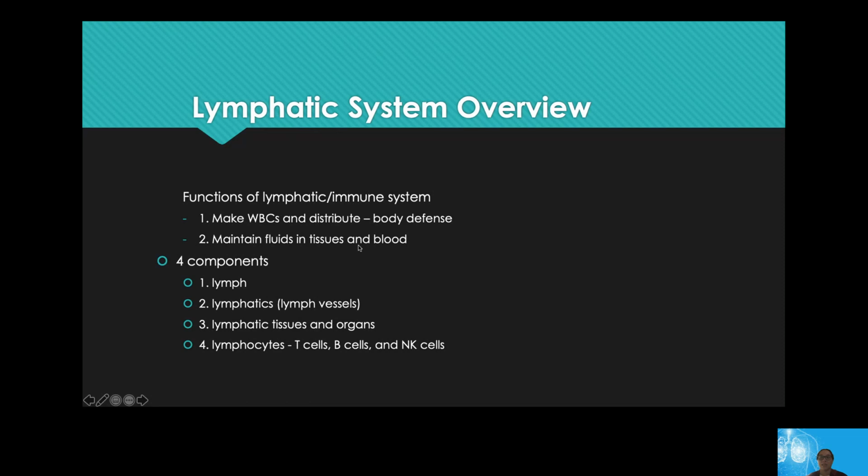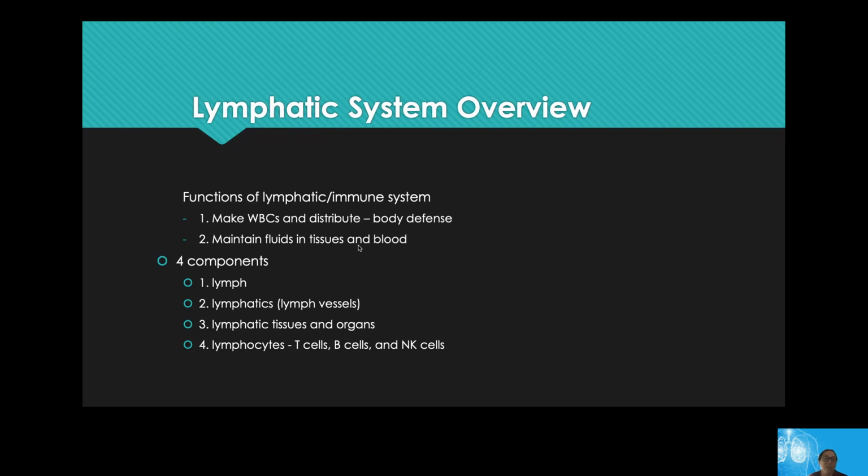So the lymphatic system can be broken down into two major categories or roles. The first is that it is made up of white blood cells that distribute themselves and serve a function in body defense. So there's the immune role, and there's the lymphatic role, which is more about maintaining the tissue balance between the blood and the tissues.